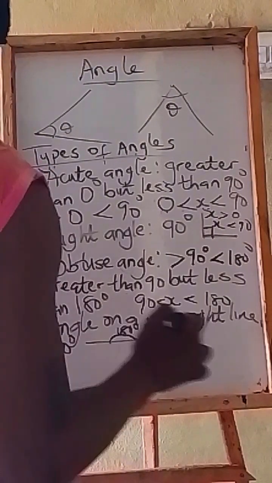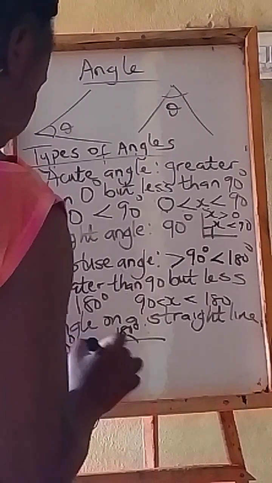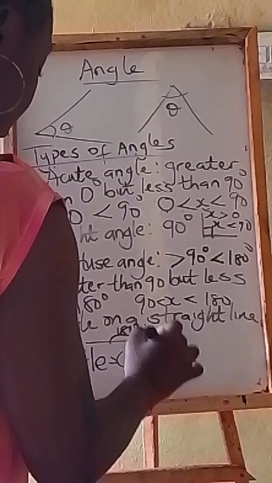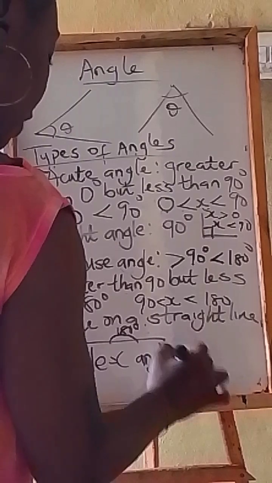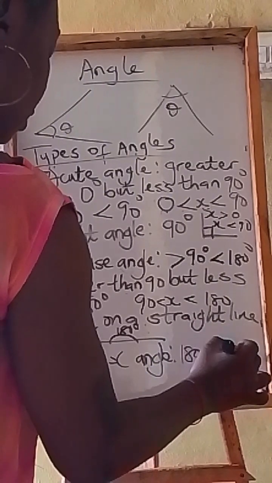We have another one that we call a reflex angle. A reflex angle is an angle where we have 180 less than s.